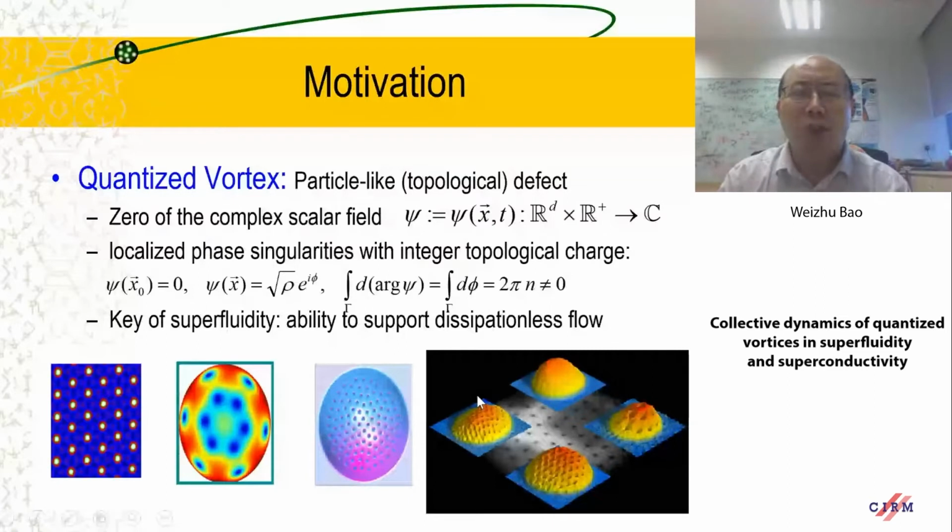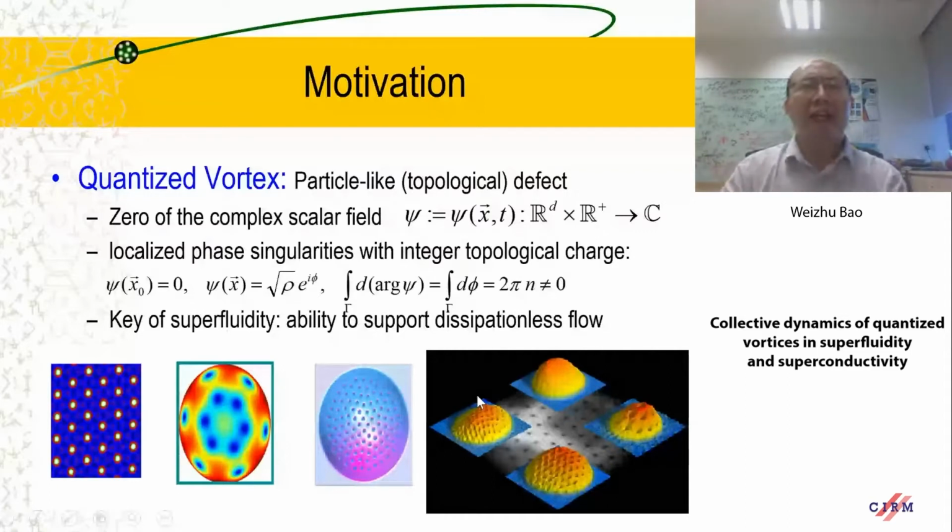Each white dot is a quantum vortex. Here is also an experimental result for quantum vortices in Bose-Einstein condensation. The top one is many particles in a harmonic trap with no rotation, so the ground state is like a bump, a Gaussian type. If the system is in a rotating frame, you can see little holes. Each hole is a quantized vortex.